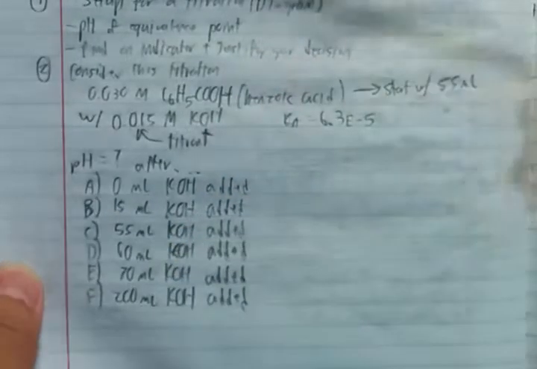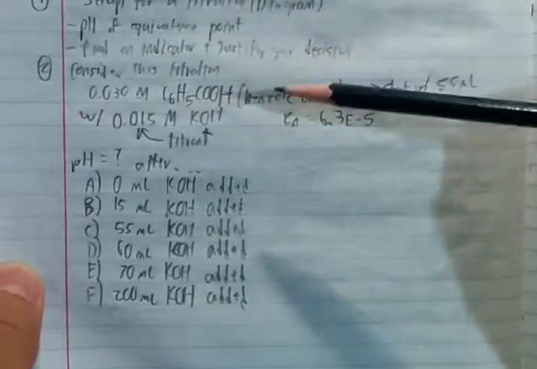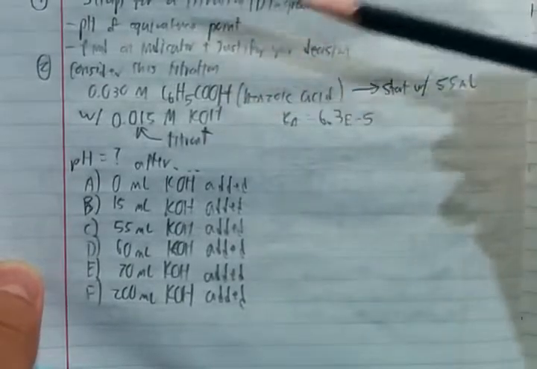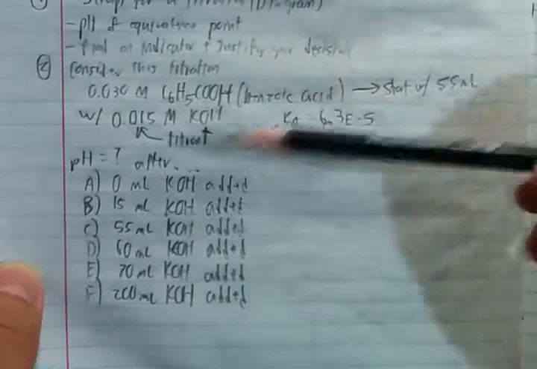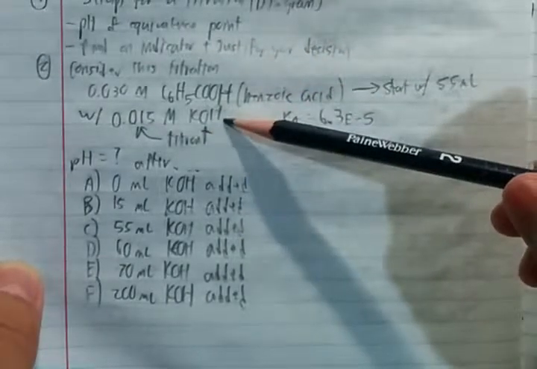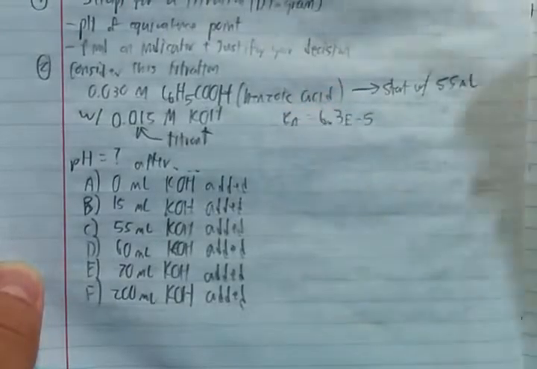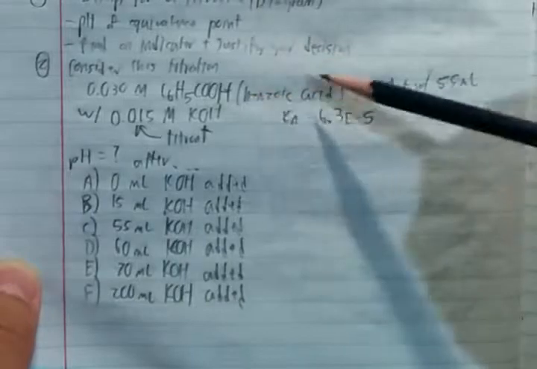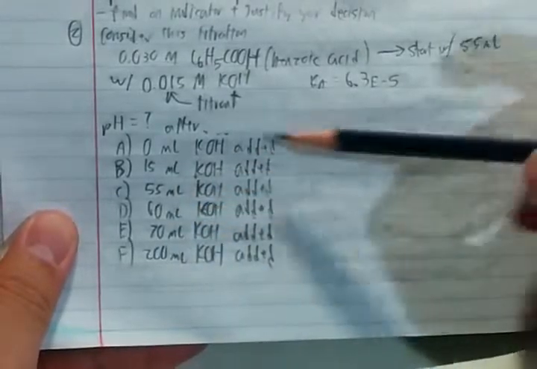So because of that, there will be benzoic acid left over, and all of the KOH will be converted to the conjugate base. I don't even know what the base of this is called, but yeah, there's going to be the conjugate base.